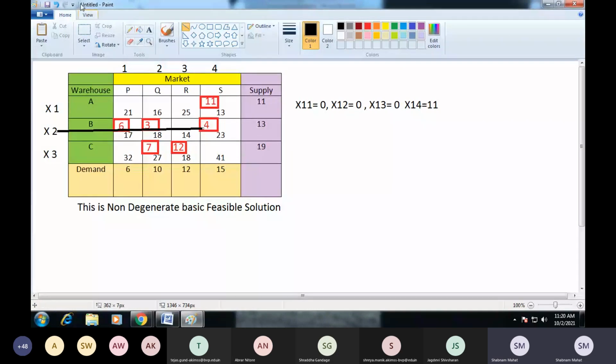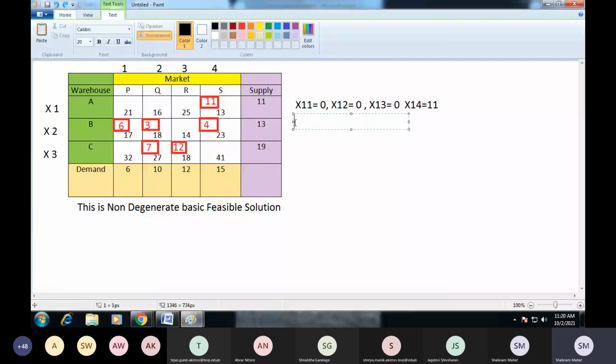So write down all the second row values: x21 is equal to 6, x22 is equal to 3, then x23 is equal to 0, and x24 is equal to 4. Does everyone understand how I write all the values?